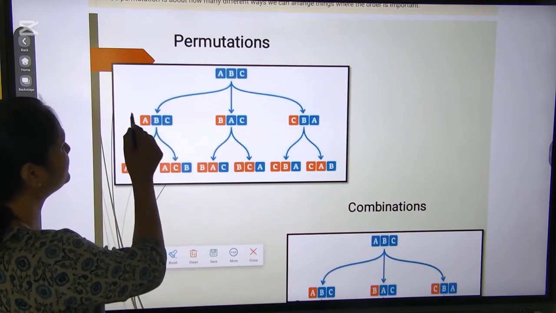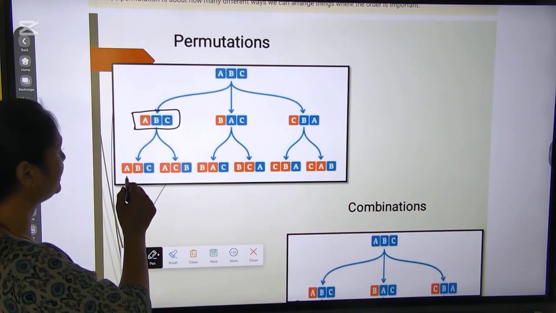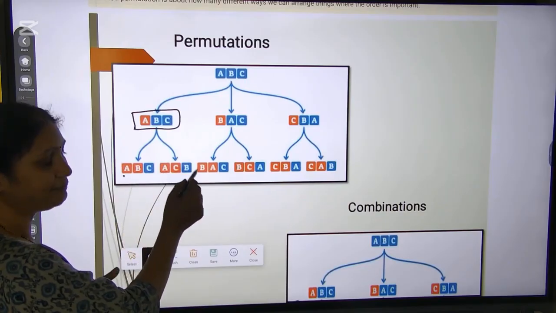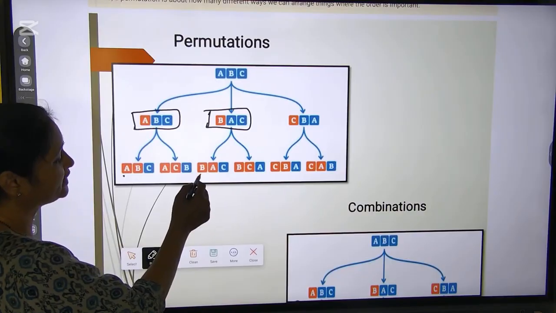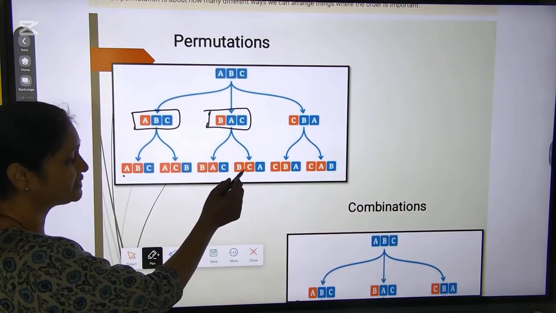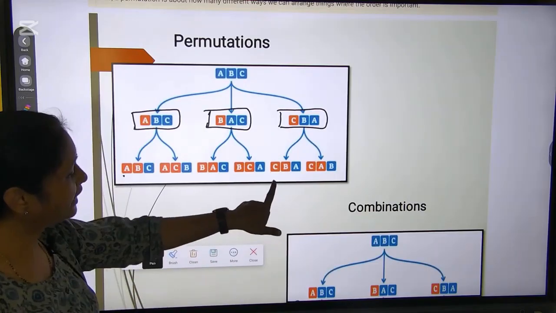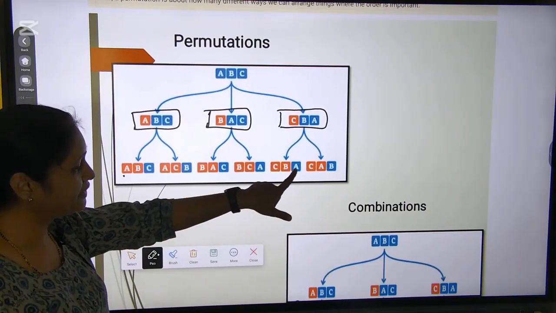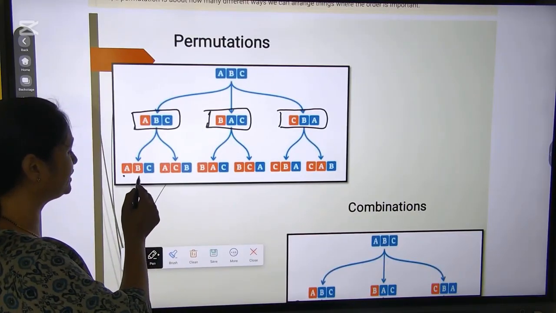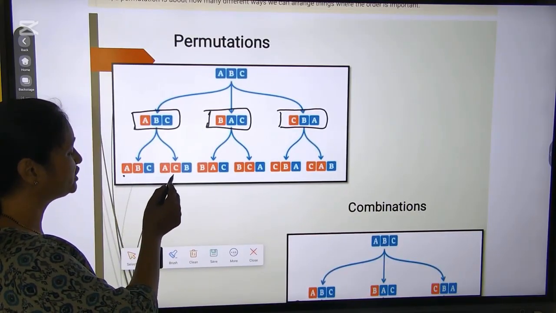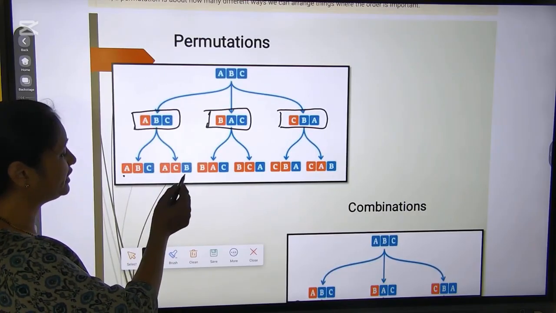We take this sequence A, B, C. So we can arrange the chairs as A, B, C or A, C, B. If we choose the sequence B, A, C, then we can arrange them as B, A, C or B, C, A. And if we choose the sequence C, B, A, then we can arrange the chairs as C, B, A or C, A, B. That means we can place chair B after A or chair C after A, and then C after B and B after C.